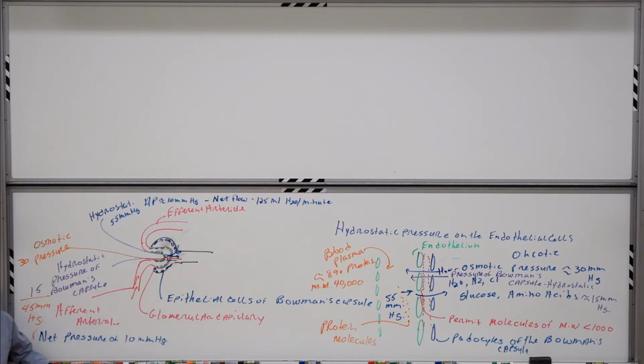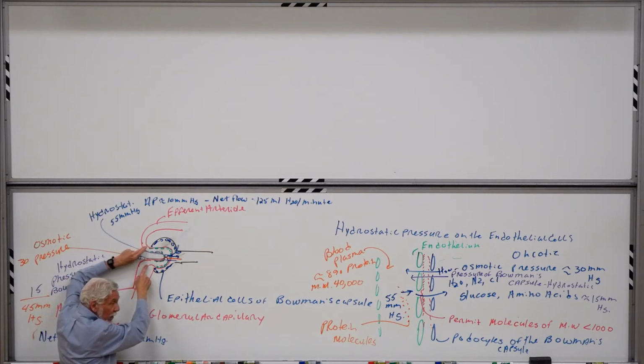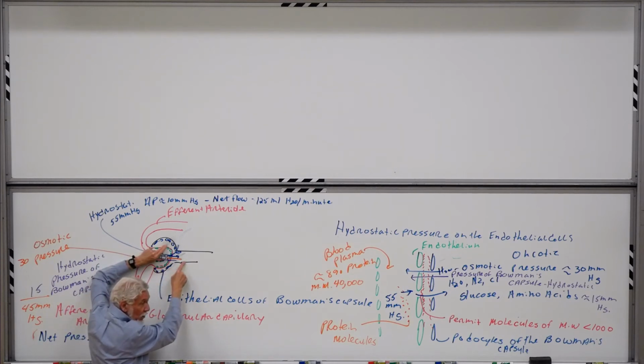So every minute, you're moving 125 milliliters of fluid from the blood vascular compartment in the glomeruli into Bowman's capsule.